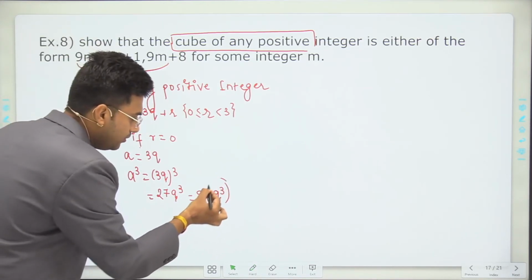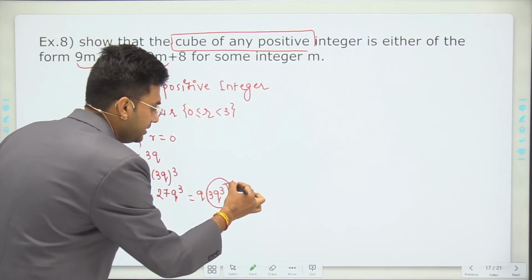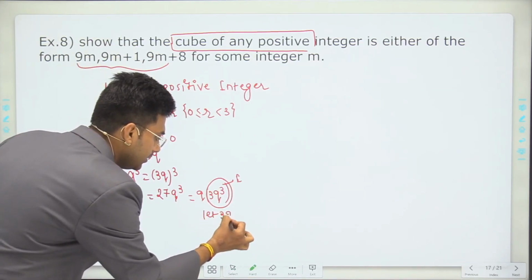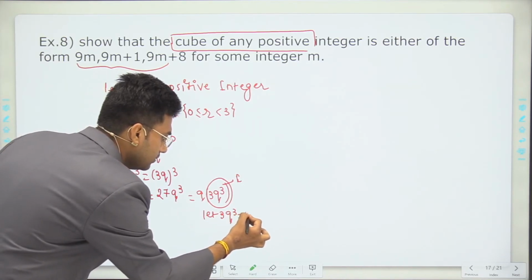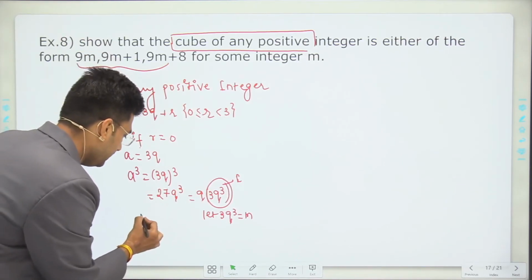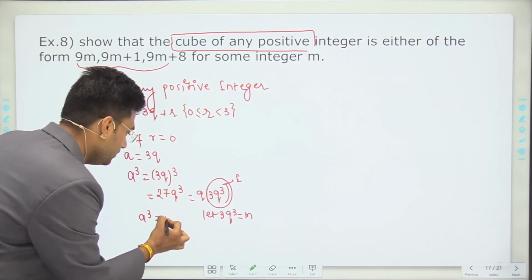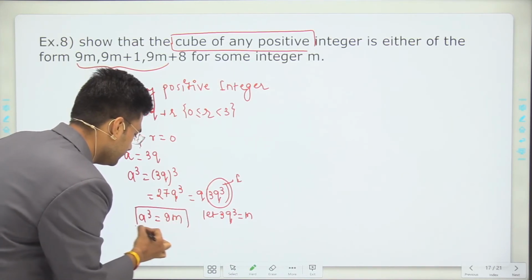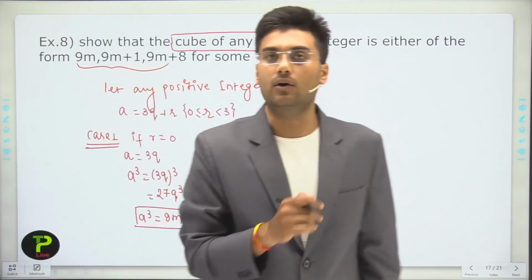This 3q cube is an integer, so let 3q cube be equal to m. Then a cube is equal to 9m.